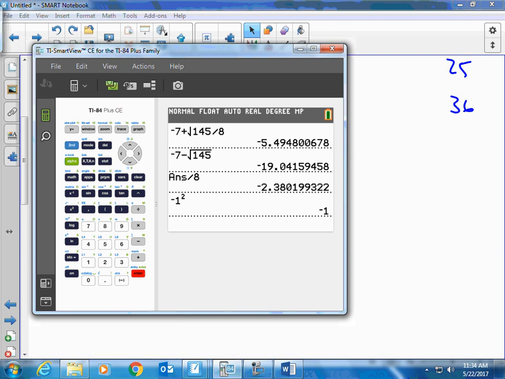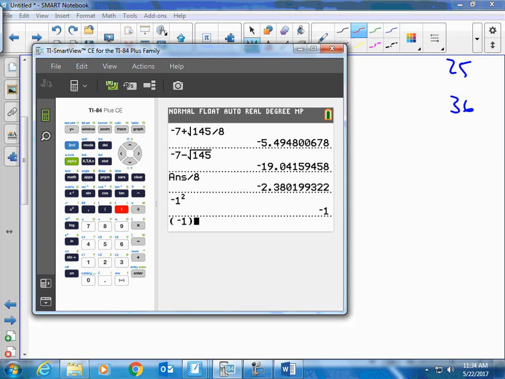I've heard a professor say, a calculator is nothing more than a high-speed idiot. Well, I'll tweak that a little bit because that's kind of like calling us idiots for not typing it correctly, because the calculator is only as smart as you tell it to be, right? You tell it what to do, and it'll do it very quickly. So tell it what to do correctly. We want the negative 1 to be squared.